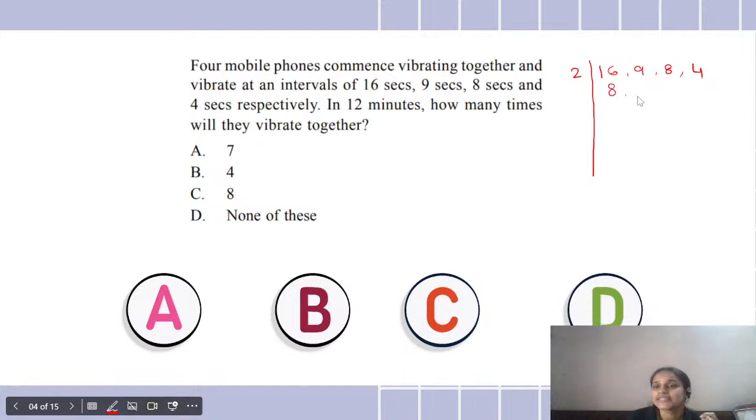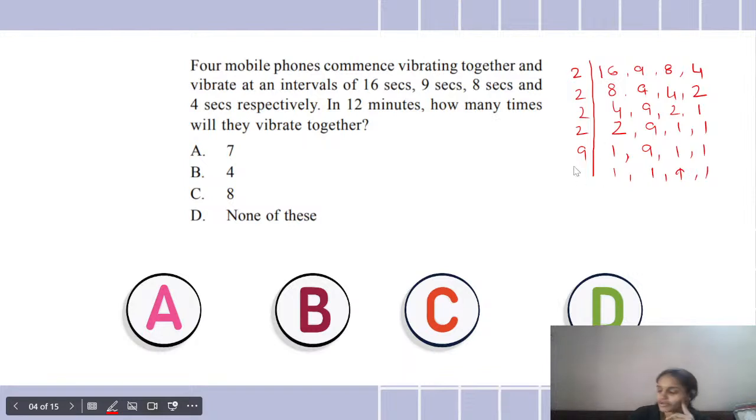2 8s are 16. Right? Okay, and this is simply 9.